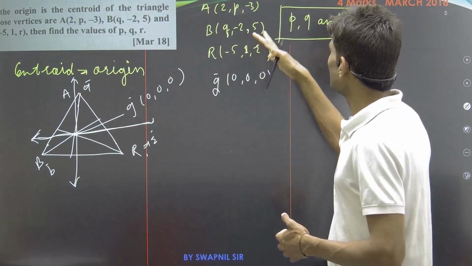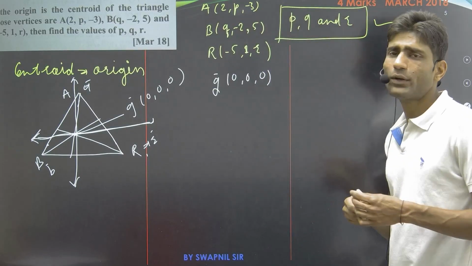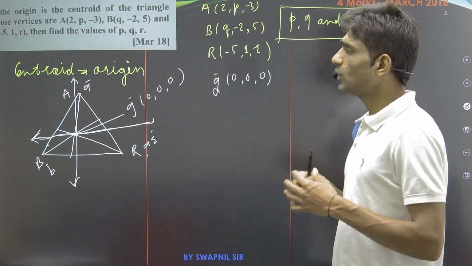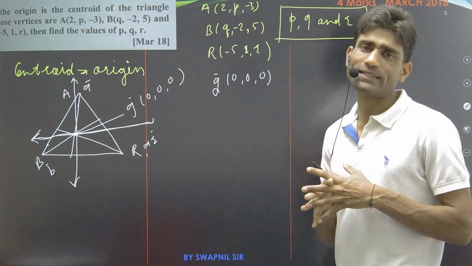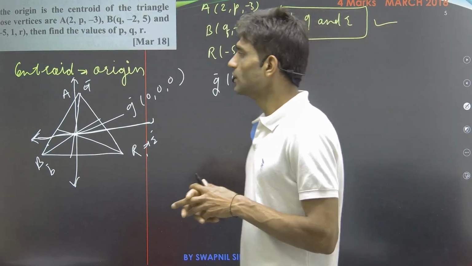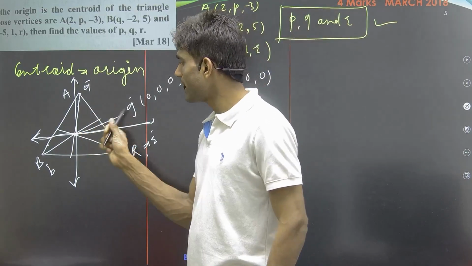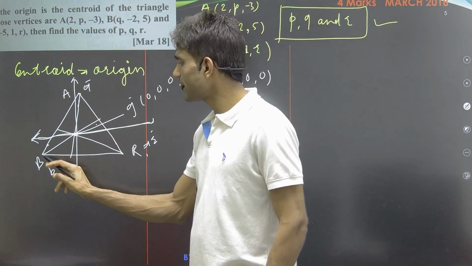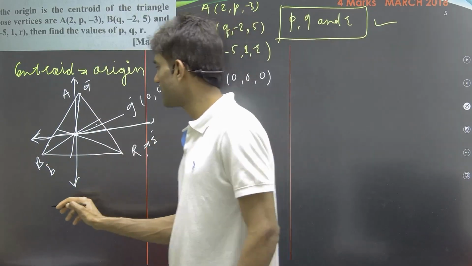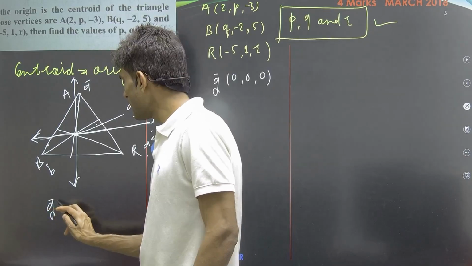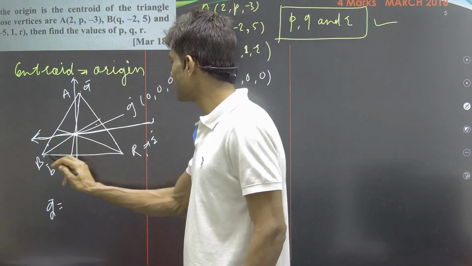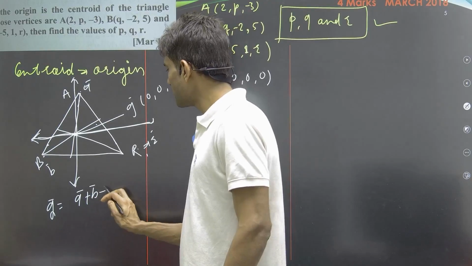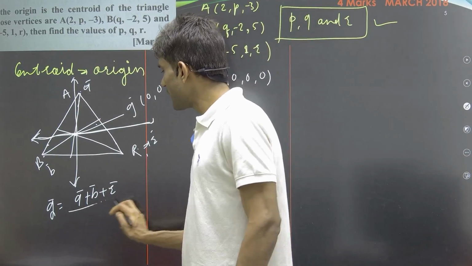Now, using these vertices, let's write the position vectors for our triangle. First of all, let me write the formula for the centroid. The centroid G bar is equal to the first position vector plus the second position vector plus the third position vector, so G bar equals A bar plus B bar plus R bar, divided by 3.